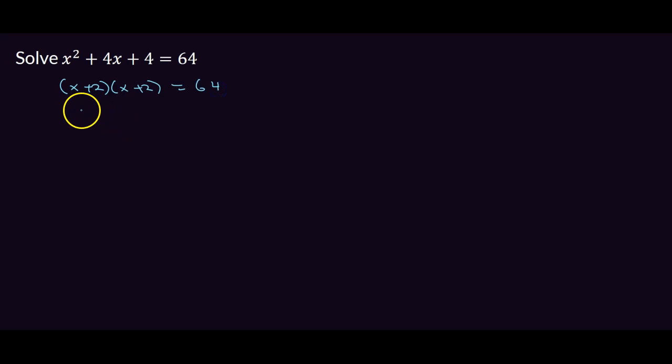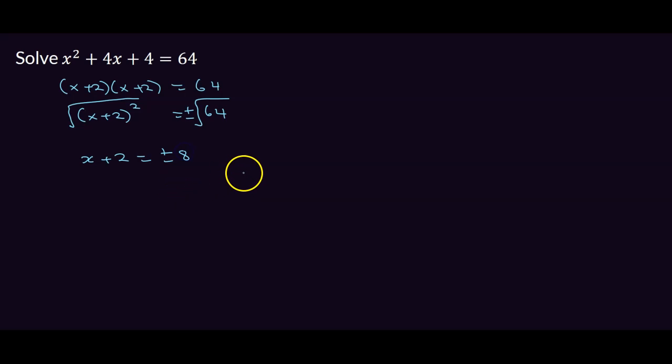So this can be rewritten as x plus 2 squared equal to 64. Now we can take the square root of both sides, and remember to have a plus minus here. So therefore, x plus 2 equal to plus or minus 8.